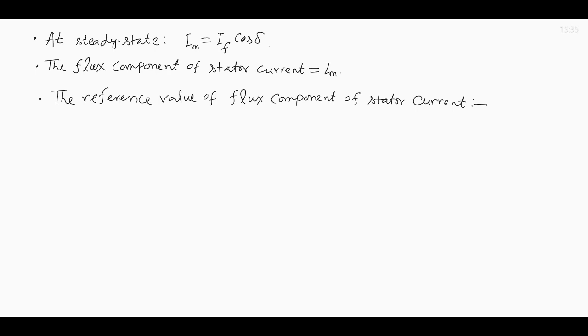The reference value of the flux component of the stator current will be injected in the stator, and it is given by its command value I capital M star, that is I M star minus I M, so that is I M star minus I F cos delta.